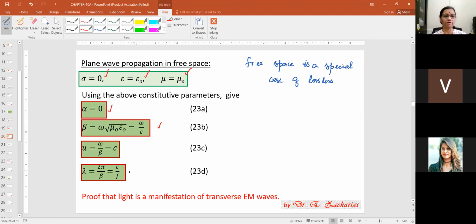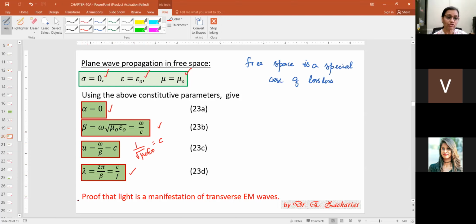So omega by c. Now similarly, propagation speed will be 1 by under root of mu naught epsilon naught, which is going to be c. And lastly, let us come to lambda. Lambda will be 2 pi by beta. That is also holding good. And of course, when you substitute, you will get c by f, which is what you had used for light waves all along from your school days.